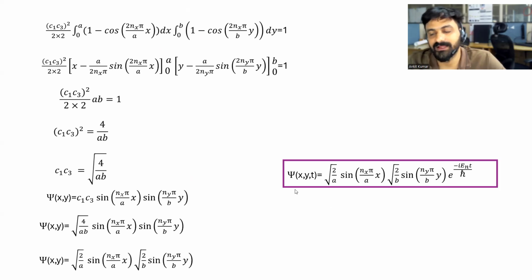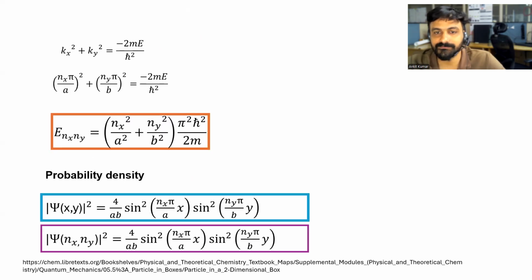After that, we can also write the final equation that includes the time varying part as well. I've already discussed how we can calculate the time varying part of the wave equation. Finally, this is the final wave equation that will be a function of x, y, and t. Is that clear? The plot I'll show you later on. First, I'll discuss the probability density, and then we'll show you the plot today.